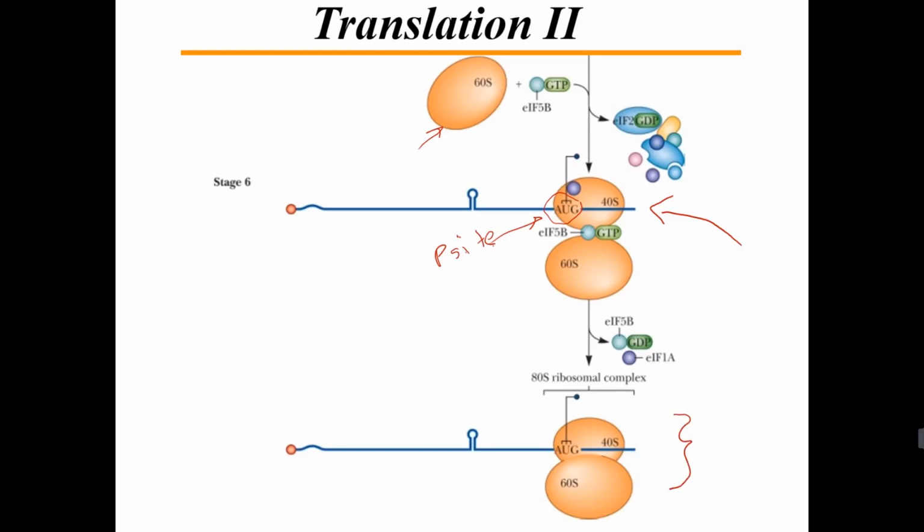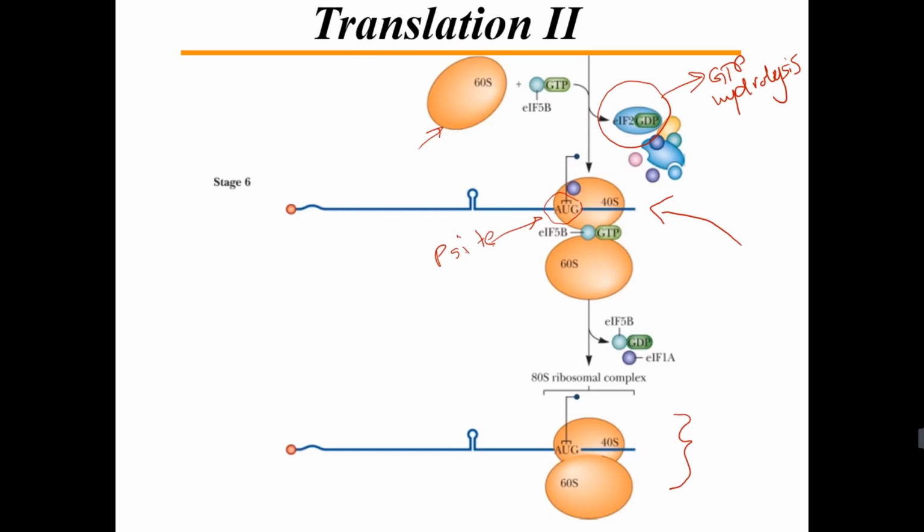And when we do have addition of the 60S, all the initiation factors dissociate, and we also have dissociation of eIF2, which undergoes GTP hydrolysis. And remember, all of these changes or dissociation, disengagements are accompanied by significant conformational changes in the structure of these initiation factors.